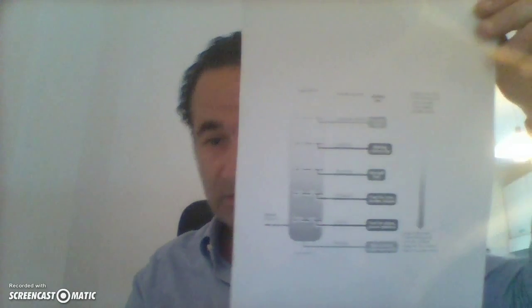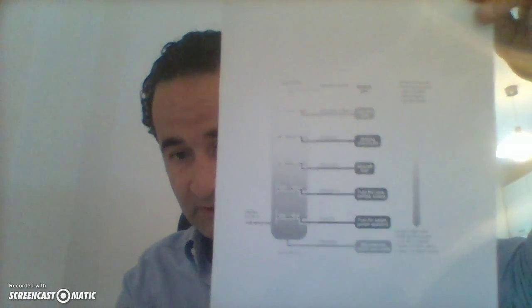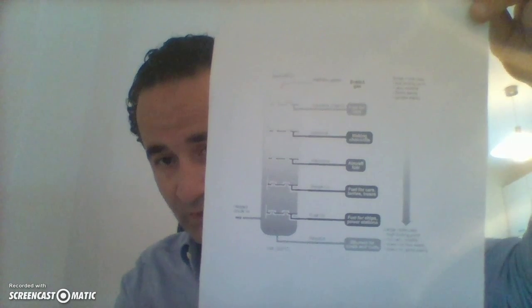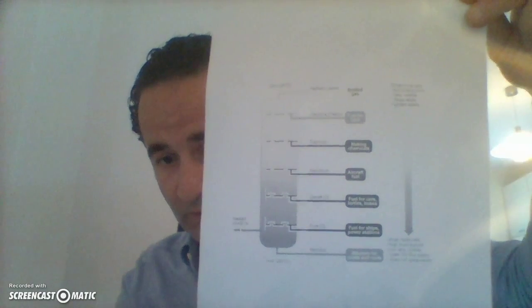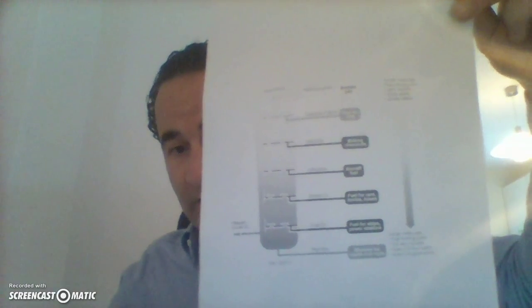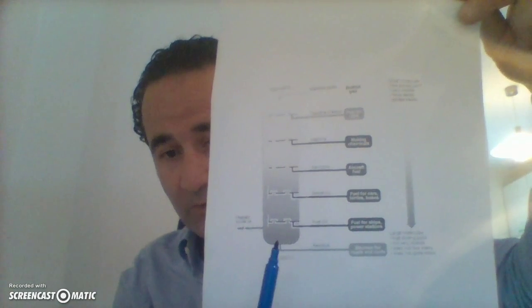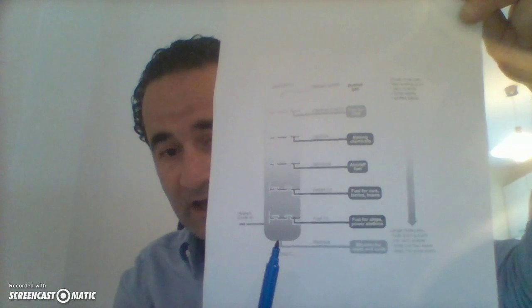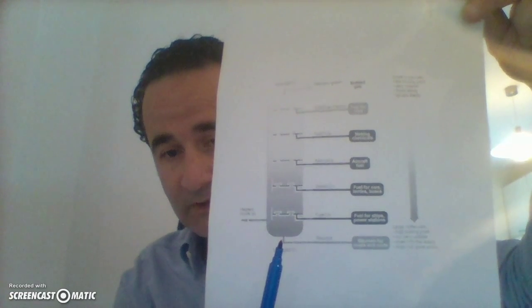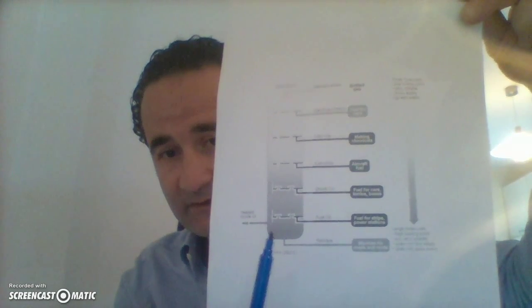A schematic representation of the fractionating column is the following. I hope you can see it well, but it's reported also in your book. In a fractionating column, the bottom of the column will have the highest temperature, in this example around 350 degrees.